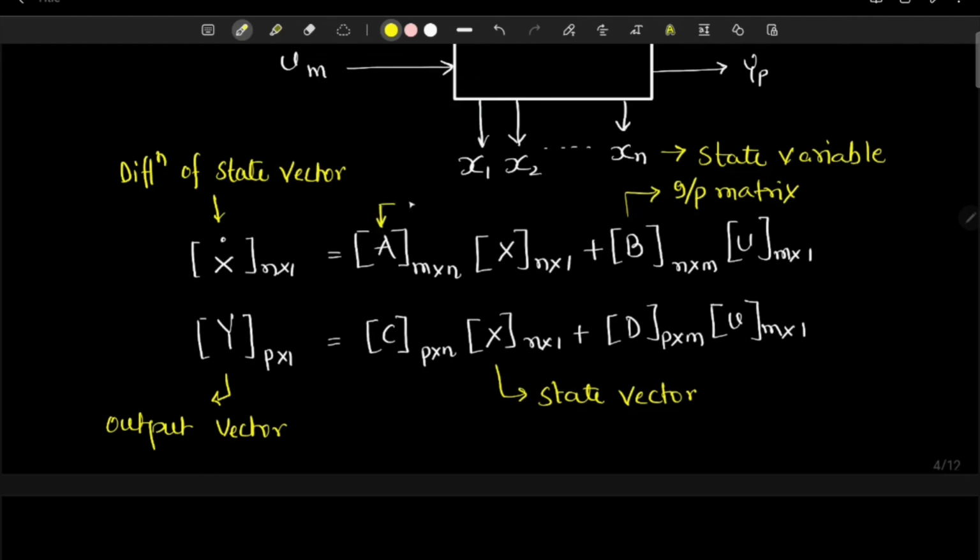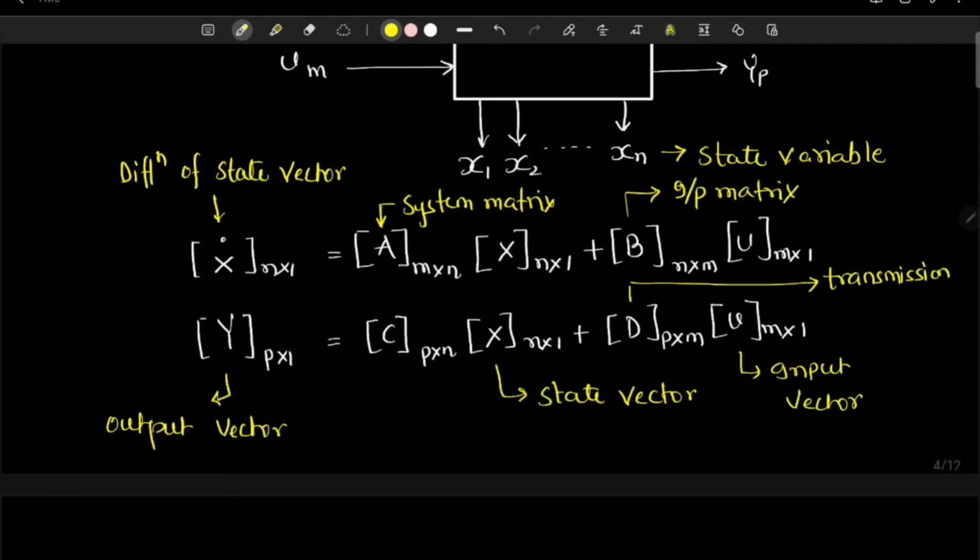And A is your system matrix, u is your input vector, D is the transmission matrix, and C is the output matrix.